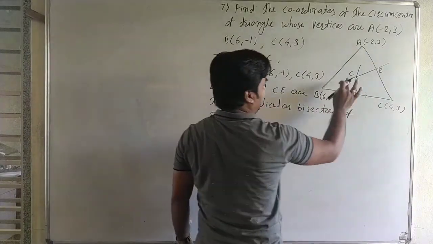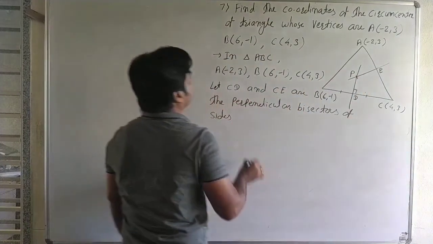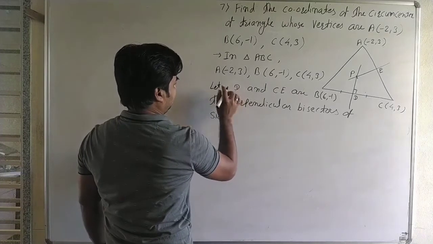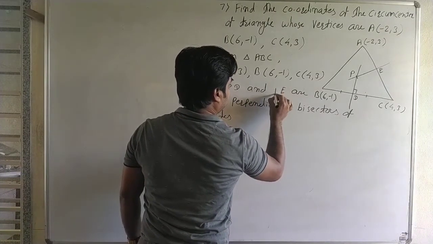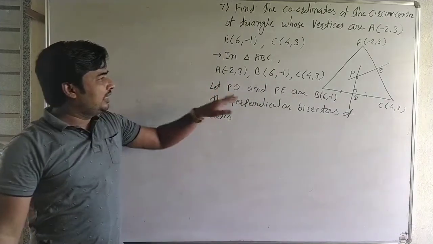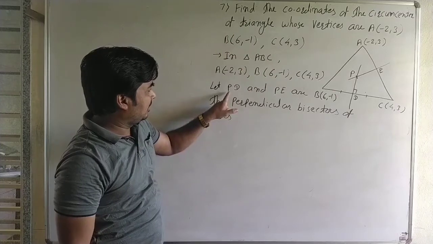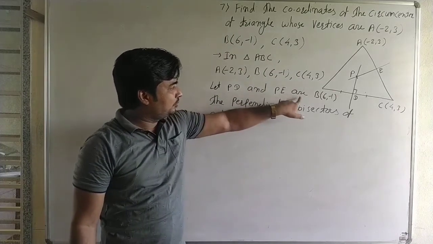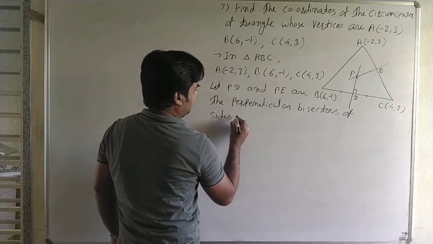Here we take any one point, suppose P. P is the circumcenter, that is the point of intersection. Here PD and PE are the perpendicular bisectors.